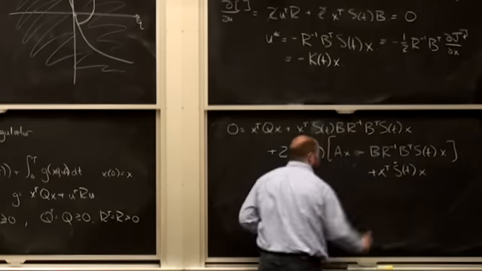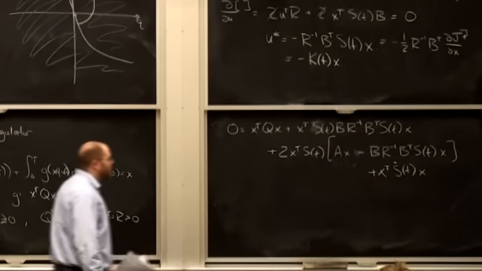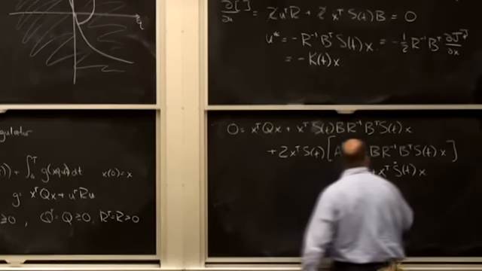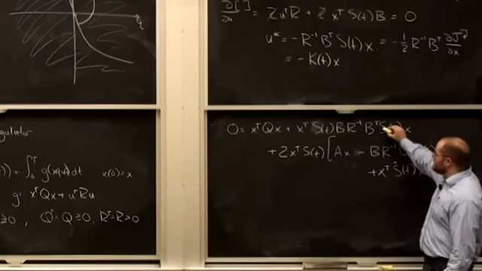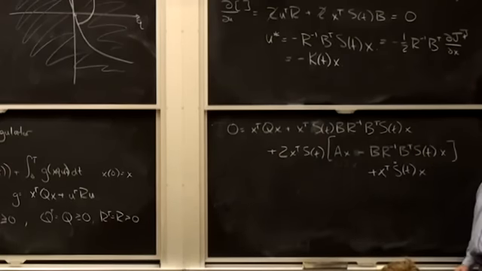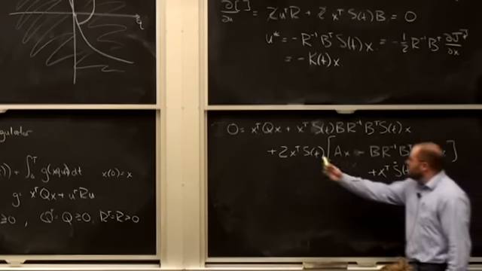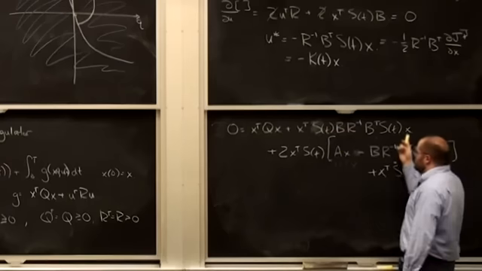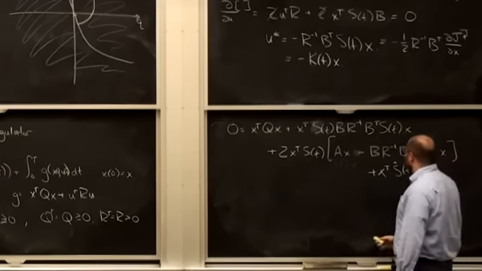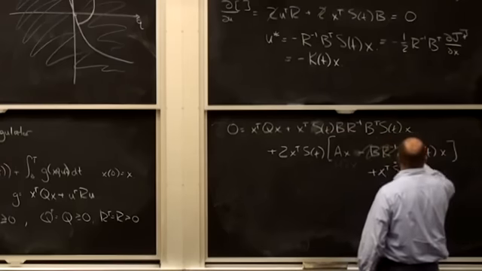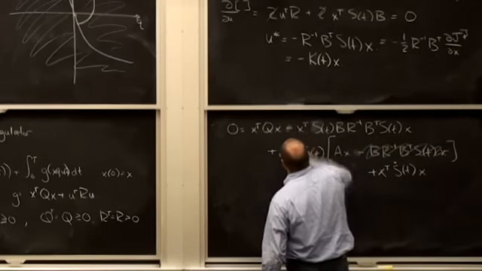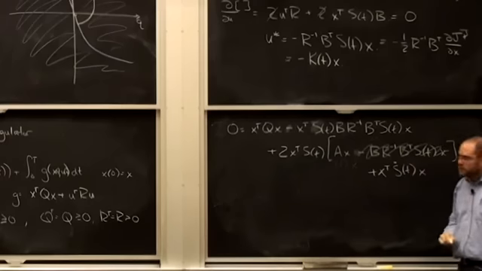Okay. Turns out that this term here should be the same as that term there, modulo a factor of 2. If you look, it's S B R inverse B transpose S. So this one actually, I can just turn that into a minus.